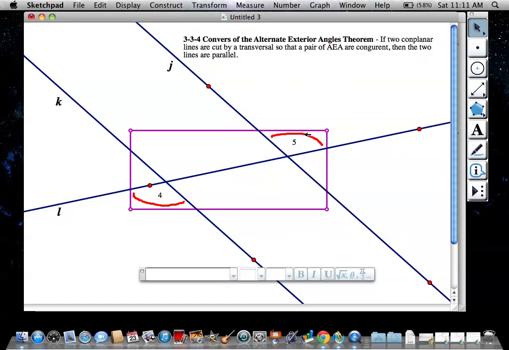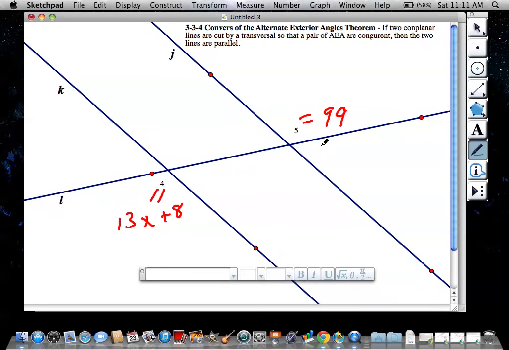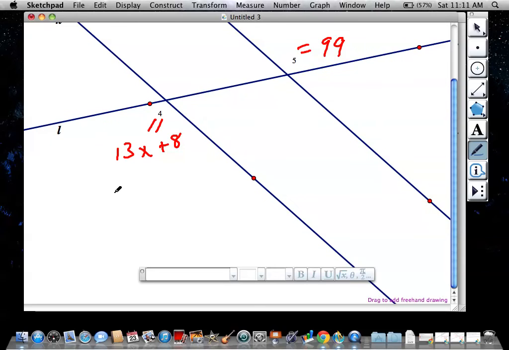If I was told the angle measure of 5 equaled 99 and the measure of angle 4 equaled 13x plus 8, in order for K and J to be parallel, the alternate exterior angles must be congruent. So I would take those and set them equal to each other, and then just solve for x.